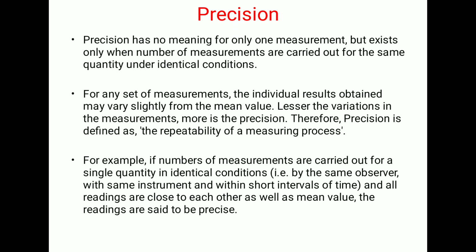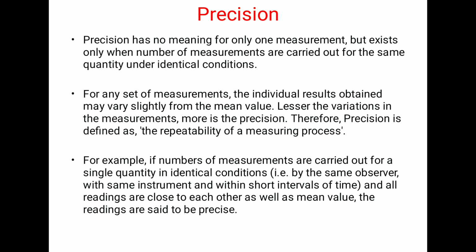For example, if a number of measurements are carried out for a single quantity in identical conditions, identical conditions here meaning by the same observer with the same instrument and within short intervals of time, and all the readings are close to each other as well as the mean value, then the readings are said to be precise.